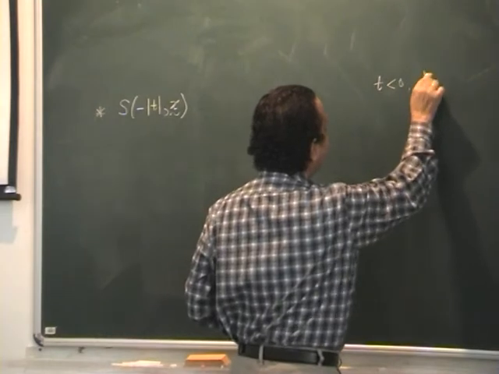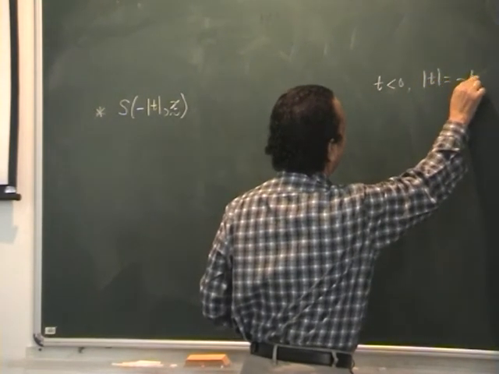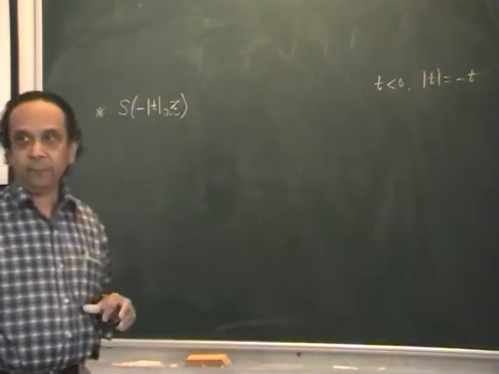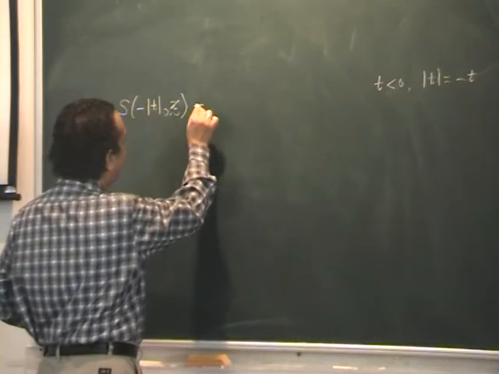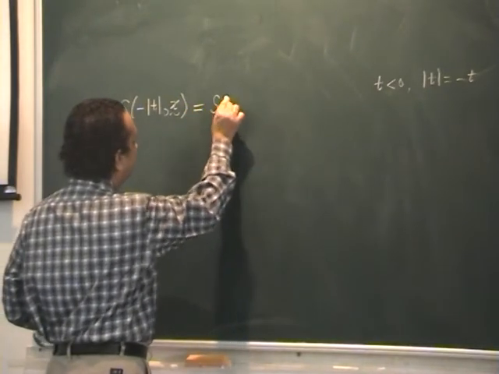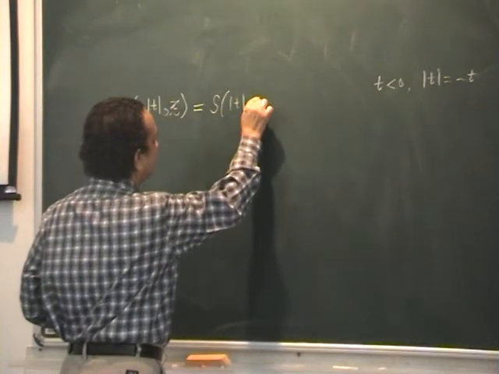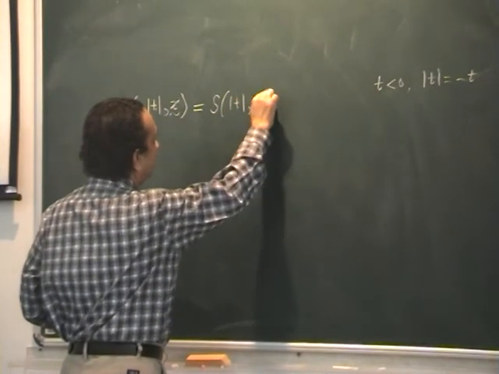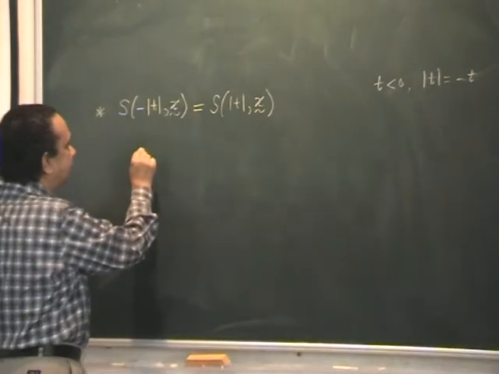Therefore, modulus of t stands for minus t. Okay, so this is what we want. This, by definition of the symmetry, is equal to S of modulus of t, x, where now this is positive, and when this is positive, we know what it is.